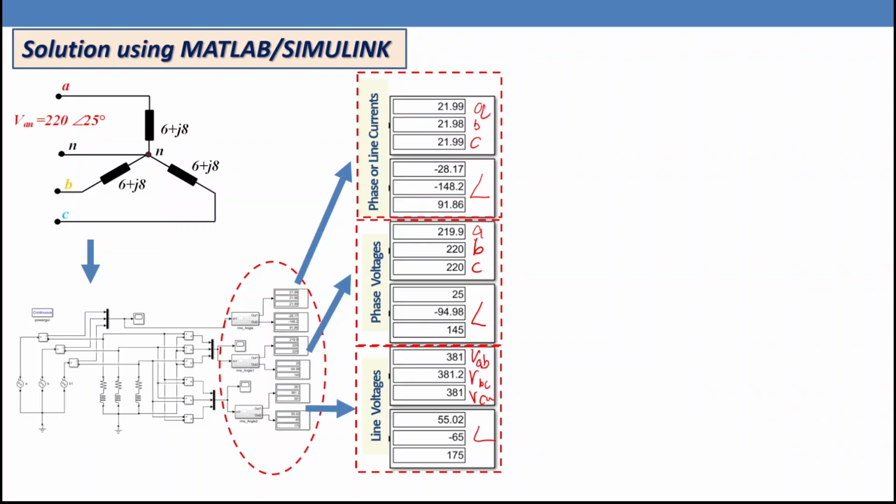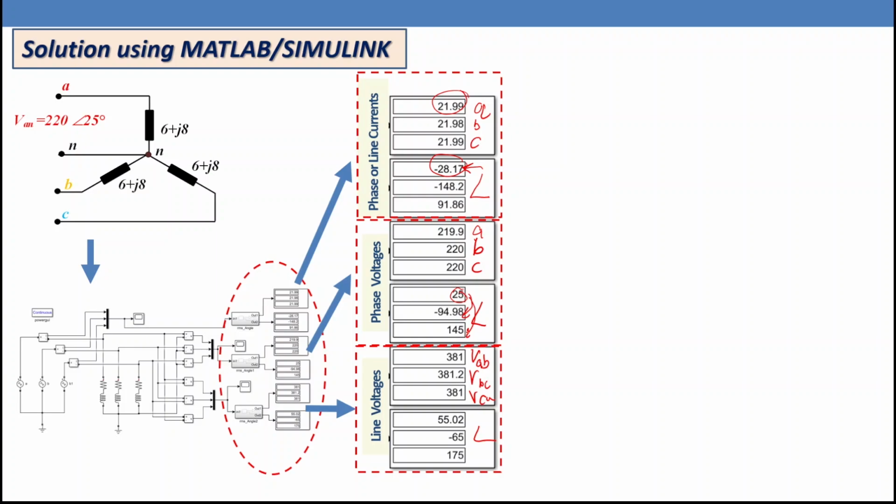If you look at the current, it is 22 ampere for phase A with angle minus 28.2. For phase B and C, they are shifted minus 120 from this angle and plus 120 from this angle. Regarding phase voltage, 220 volt, 25 degrees for phase A, so shifted minus 120 and plus 120.